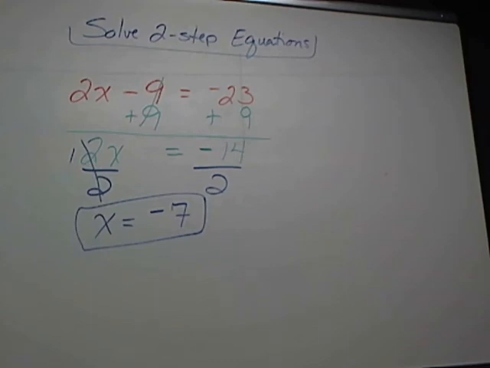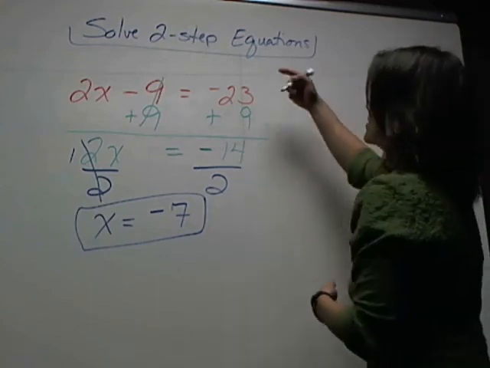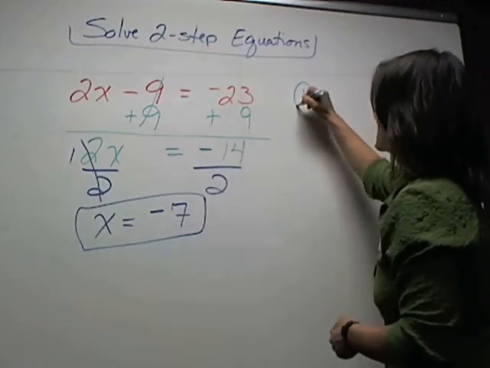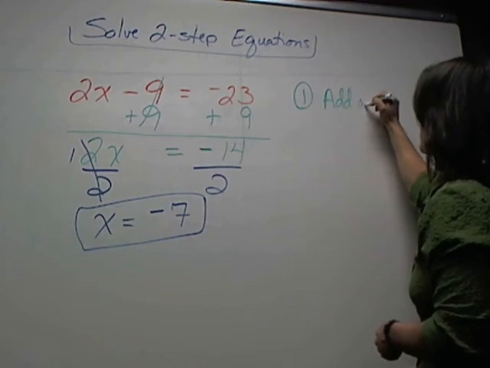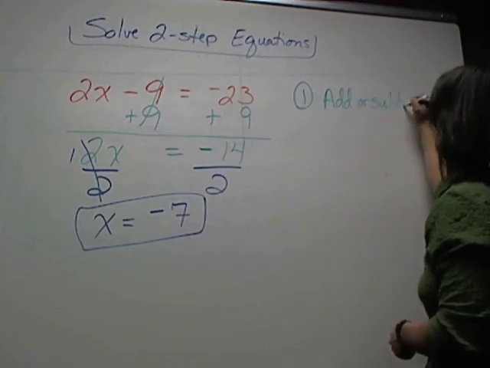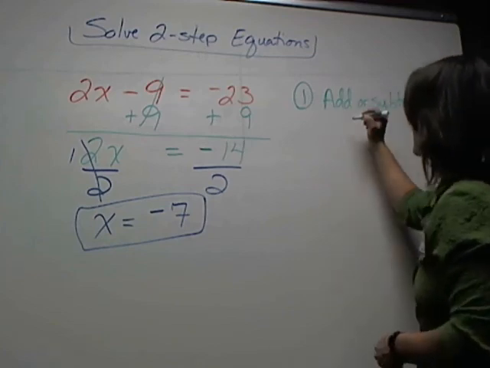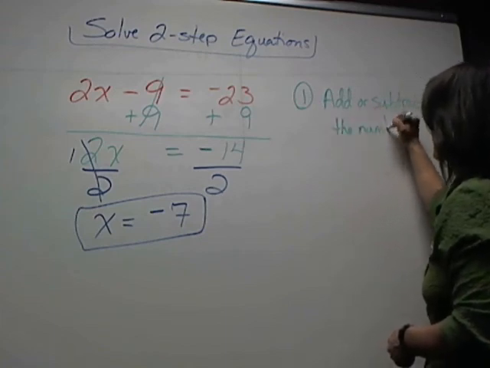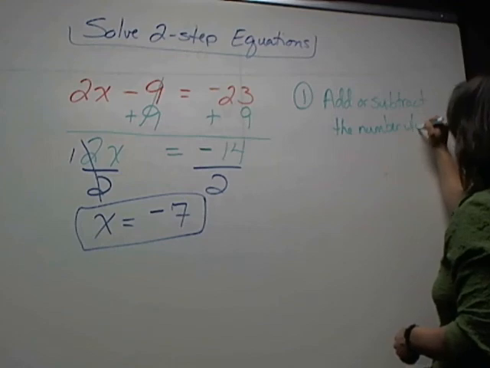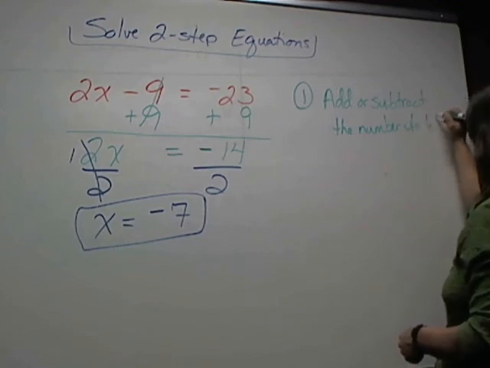So once again, for solving our two-step equations, the first step will always be to add or subtract the number that's without the letter.